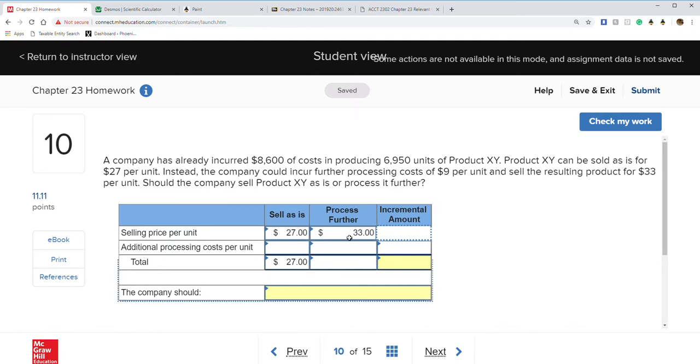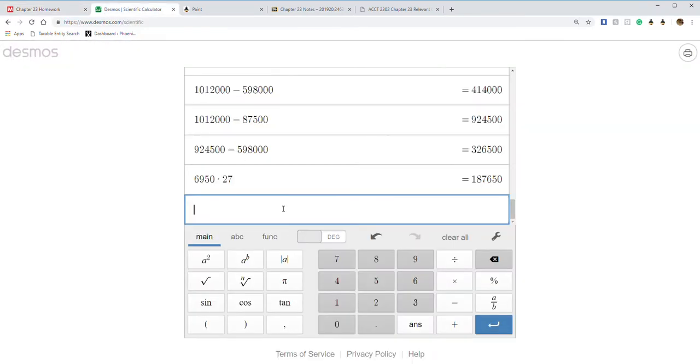It is crazy. But if we process further, we can sell these for $33 at $9 cost. Again, there's no other cost, so incremental is $9. 33 minus 9 is 24.